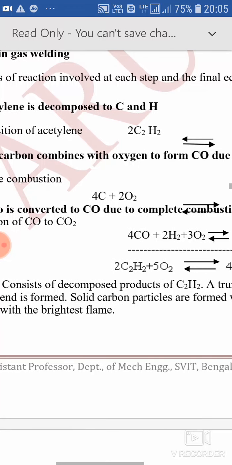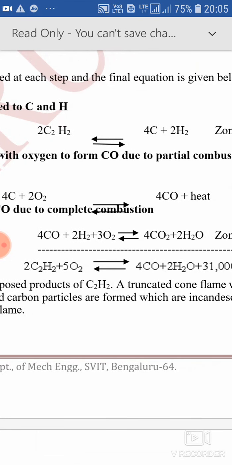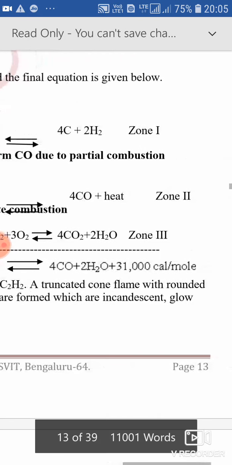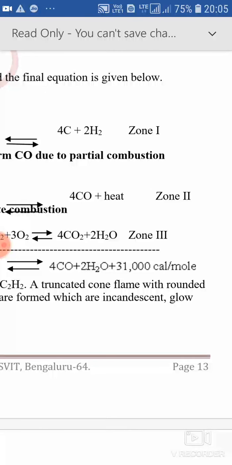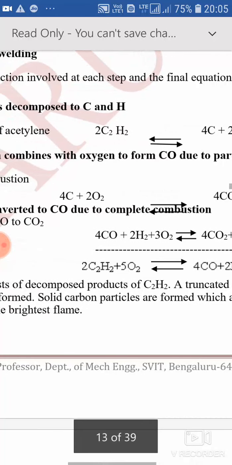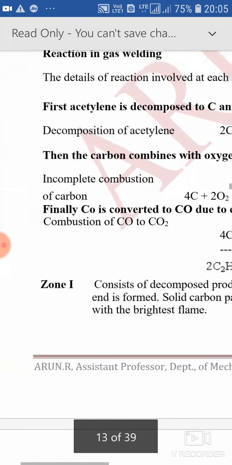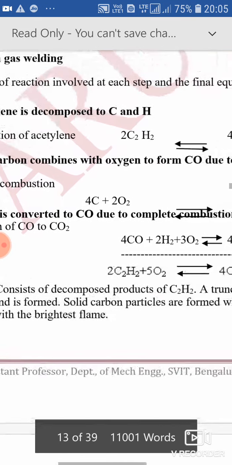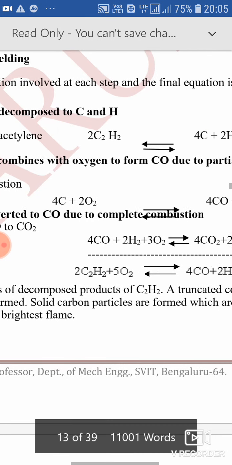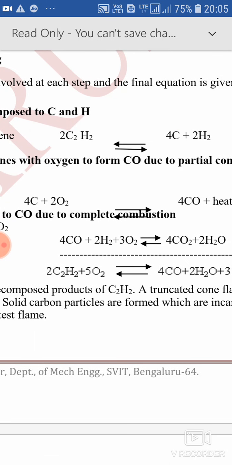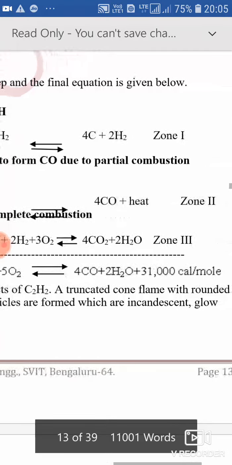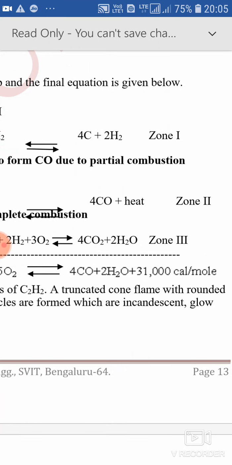4C plus 2O2 giving rise to 4CO plus heat. Zone 2. The CO is again a fuel. Finally, CO is converted into CO2 due to complete combustion. 4CO plus 2H2 plus 3O2 giving rise to 4CO2 plus 2H2O, zone 3.